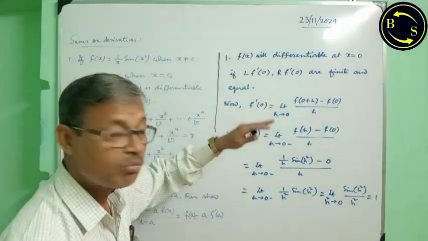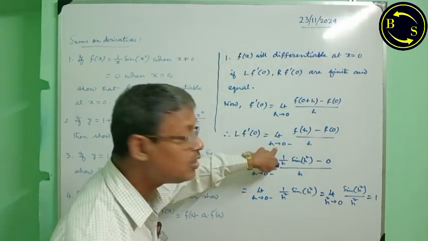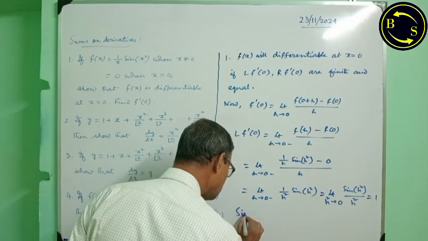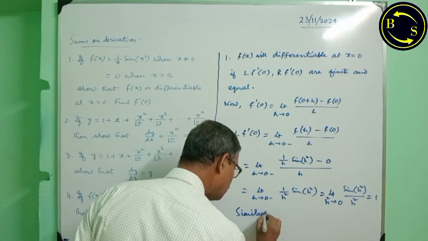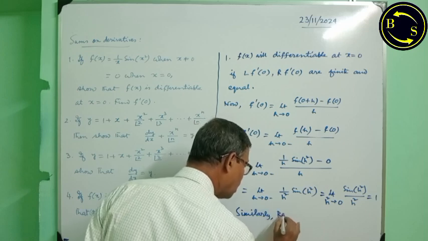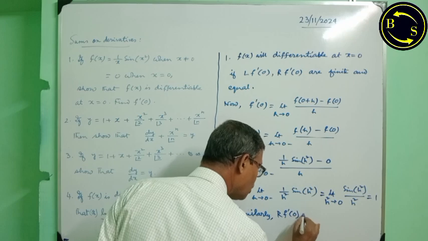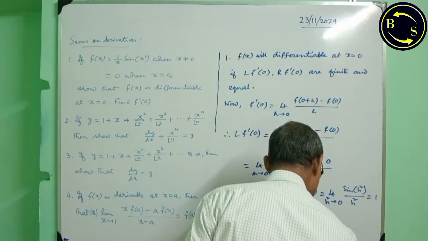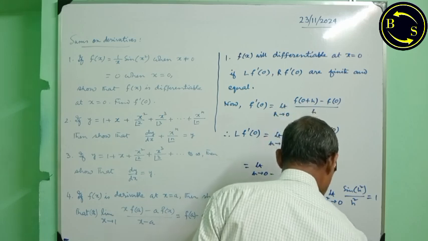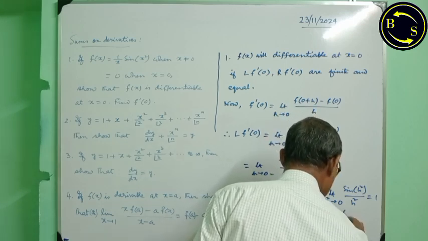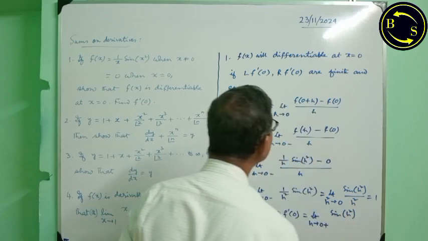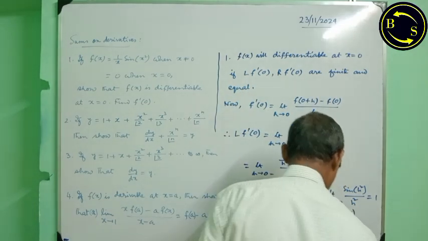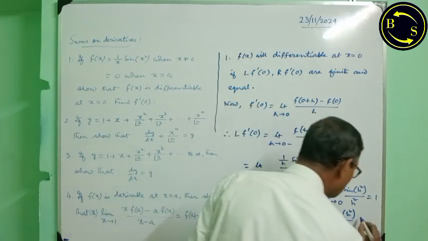Now for Rf'(0) also, here h tends to 0 plus. Similarly, Rf'(0) will be equal to limit h tends to 0 plus of sine of a square by a square, that will be equal to 1.